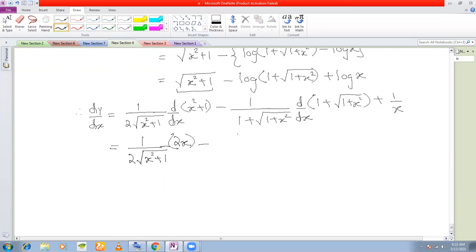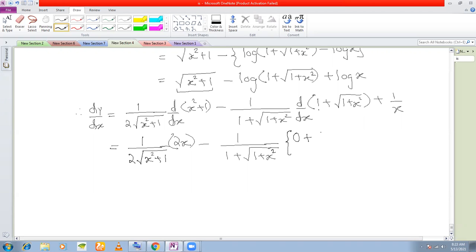Minus 1 by 1 plus root 1 plus x square into now d by dx of this. How do you differentiate? First you differentiate 1, you'll get 0, isn't it?